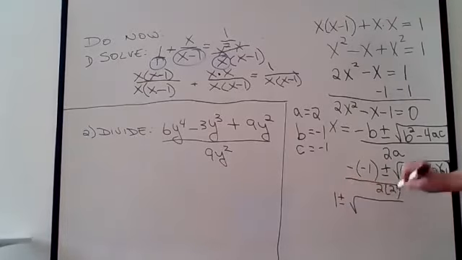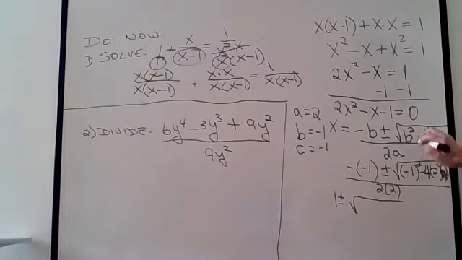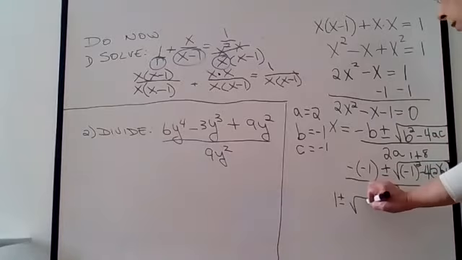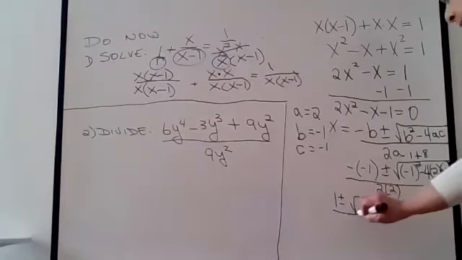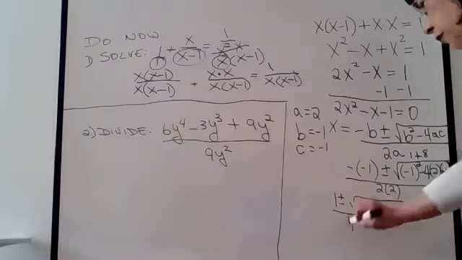And here's where I have to be really careful. Negative 1 squared is positive 1. And negative 4 times 2 is negative 8. Negative 8 times negative 1 is plus 8. So the whole thing comes out to be 9. That's in the radical. And that's all over 4.